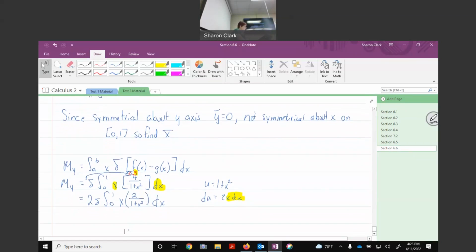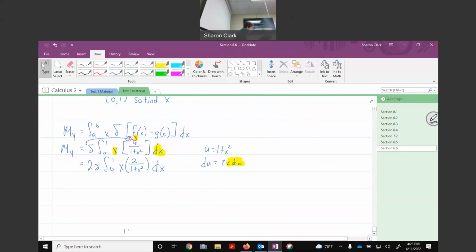Okay? And so now that's going to be 2 delta integral 0 to 1 of 1 over u du. Because now you can see I got my dx, I got my x, I got my 2, and I have my 1 plus x squared. Everything's taken care of. So that's 2 delta ln of u from 0 to 1.